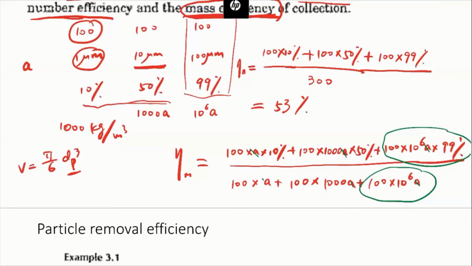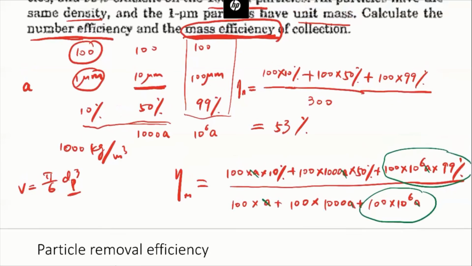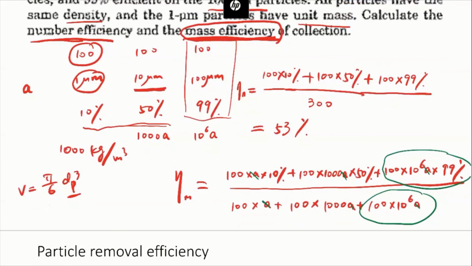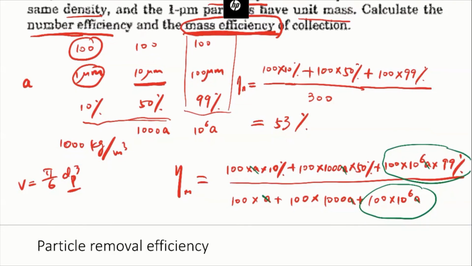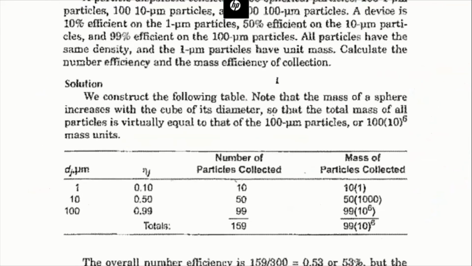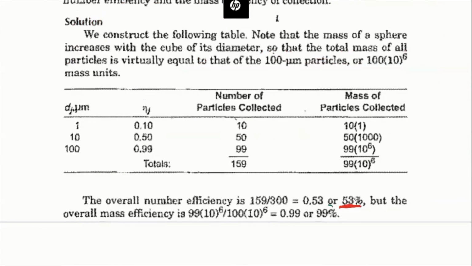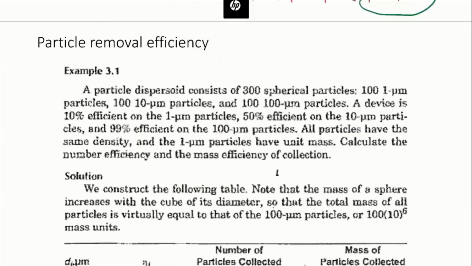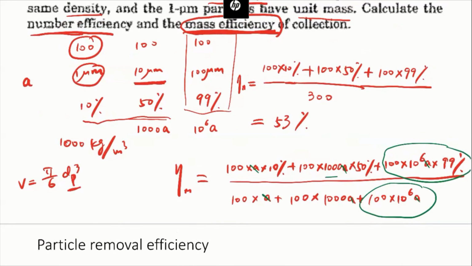It doesn't matter what the mass is for the 1 micrometer particles. The number is largely determined by the larger particles. So if you plug in all of these numbers, you'll find that the removal efficiency in terms of mass is 99%.